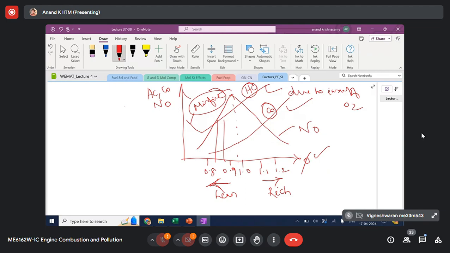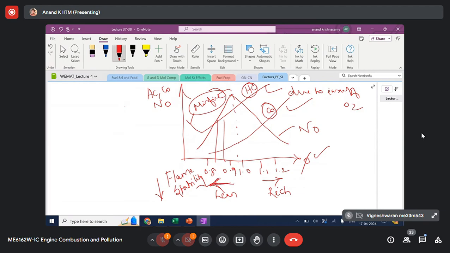Startability. Okay. I said about misfire. From misfire itself, you can guess something is happening. Flame stability will be low, sir. It's lean. Flame stability will be low. Exactly, flame stability. So this is what I'm expecting from you. Flame stability will be poor. Flame stability will come down when you start moving towards the lean zone.